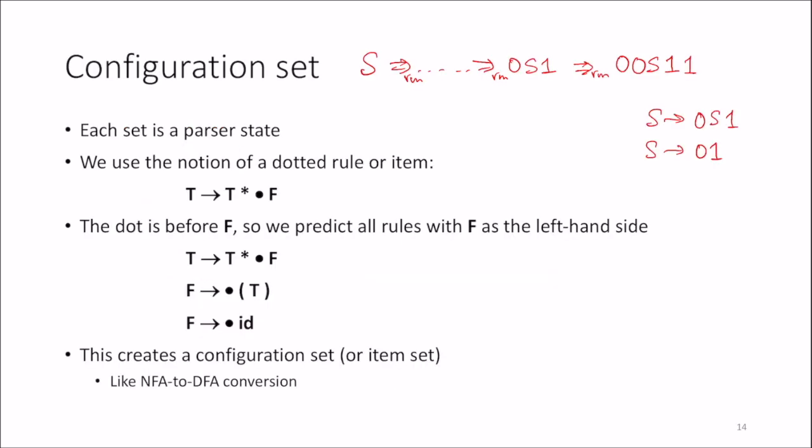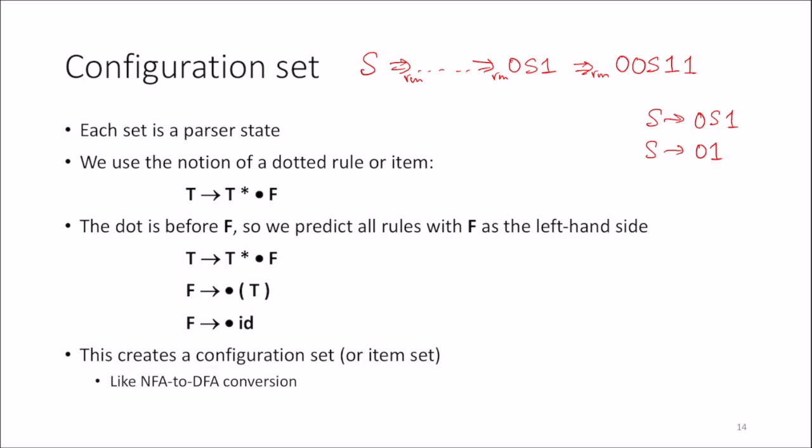A crucial aspect of this algorithm that we're going to look at, the LR0 table construction algorithm, is that when you're constructing this table that tells you when to shift or to reduce, you need to know that it's a valid step in a derivation. So it has to be a valid step in some rightmost derivation of that input string.